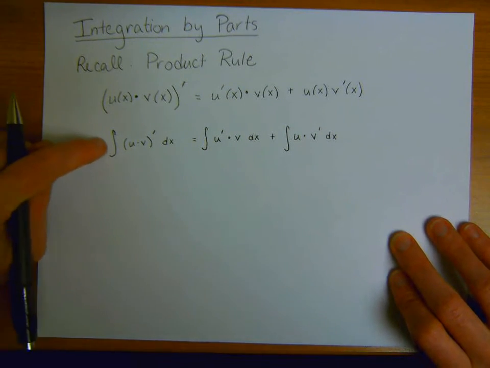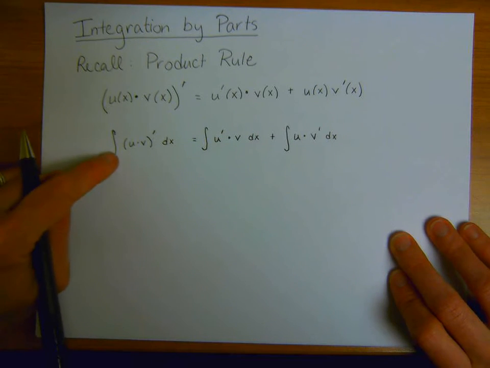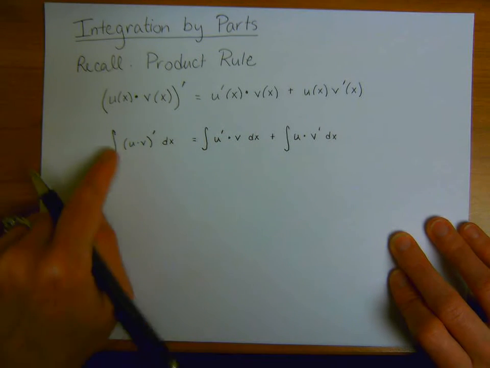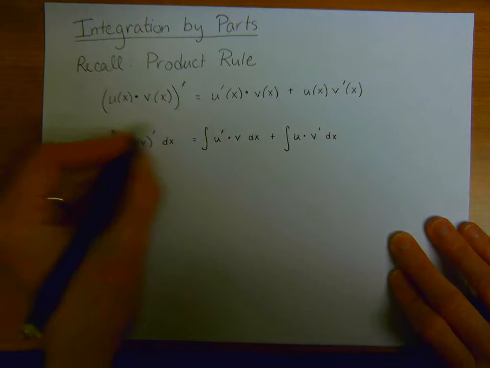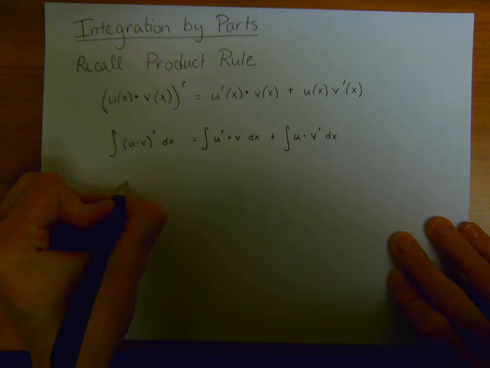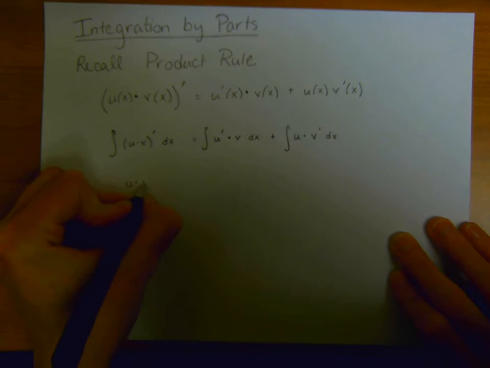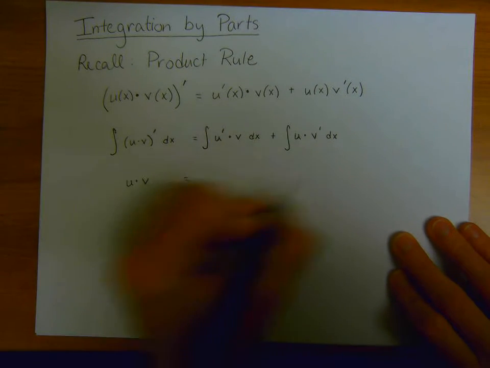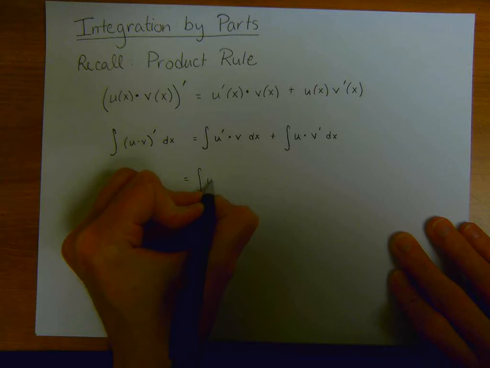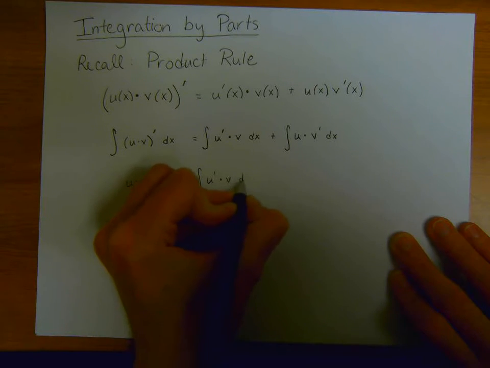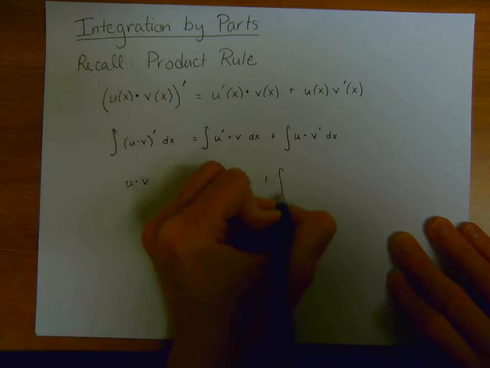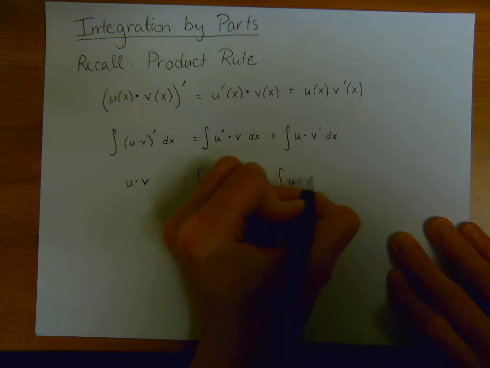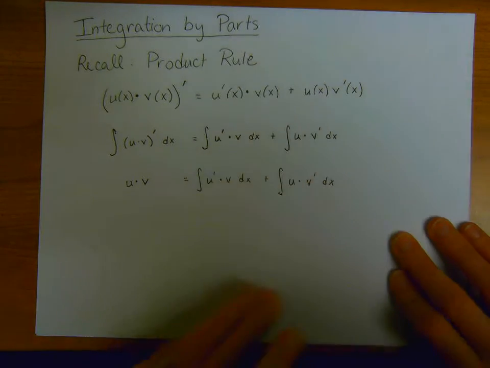The cool thing that happens is, on this side, the integral of a derivative, by the fundamental theorem of calculus, or by inverse functions, we're undoing the integral of the derivative. This side becomes u times v, but the other side still looks pretty messy, right? I'm going to do one last trick, and I'll show you why this trick becomes helpful in a second.